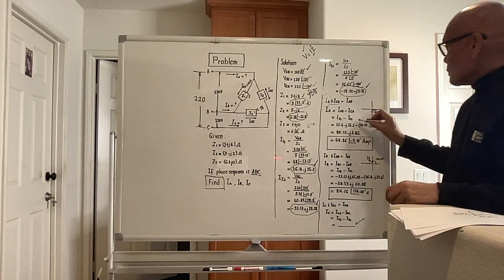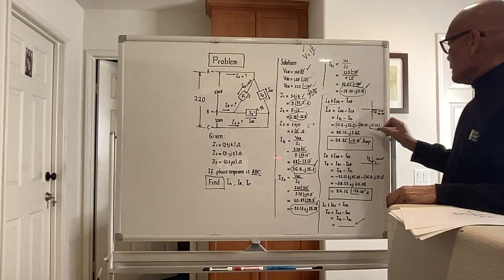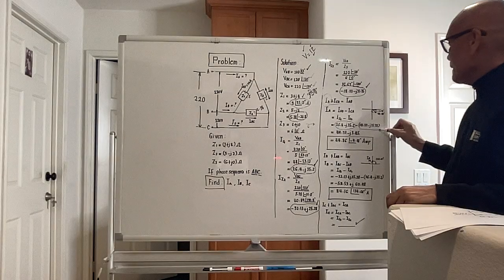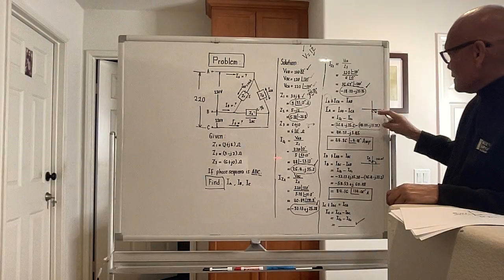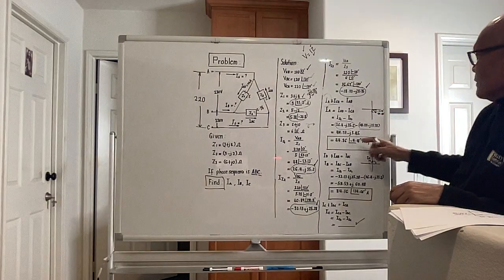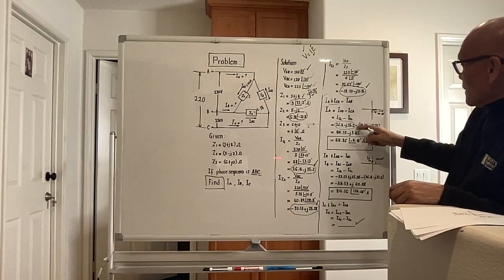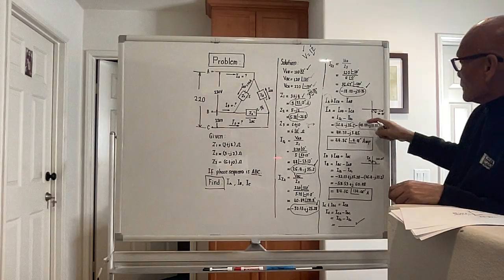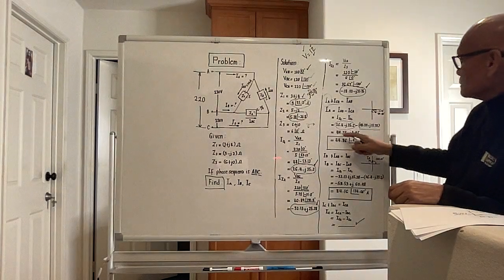This will be I sub C1 or I sub AB. This is I sub C3. Real, imaginary. Okay, what comes out? 26.4 plus 18.33. This is minus inside, so this 18.33 should be added to this 26.4.